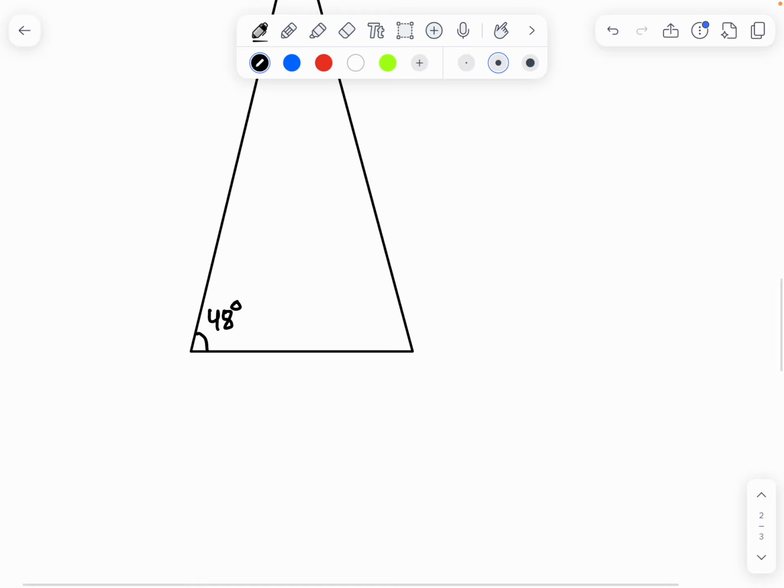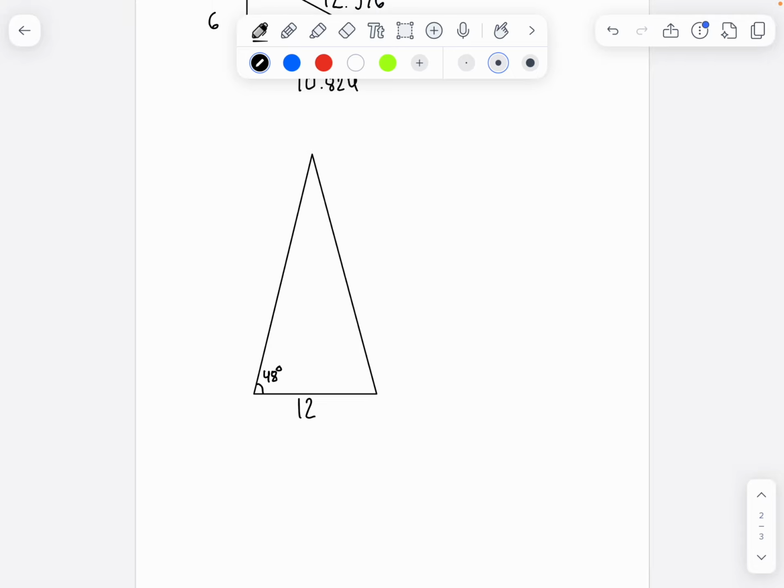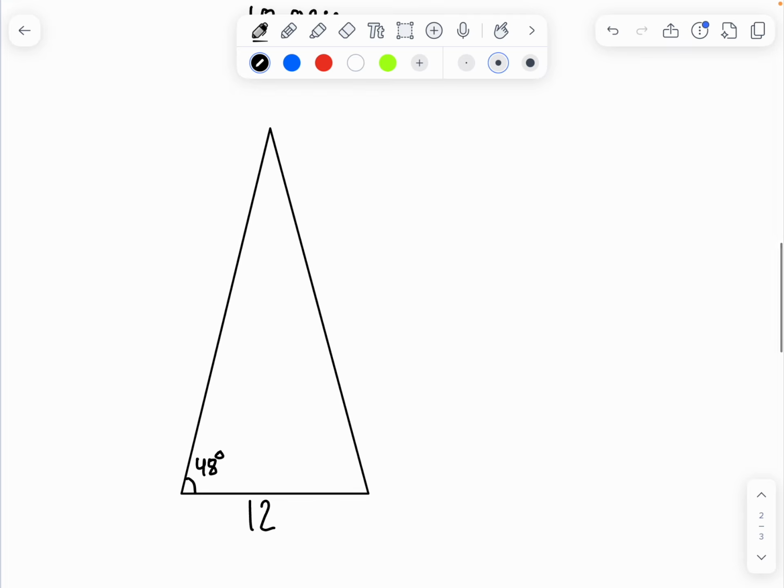And this bottom is 12. So, pause the video and solve for the rest of the 2 side lengths and 2 angles.